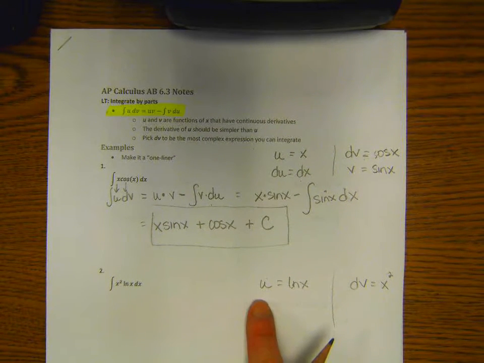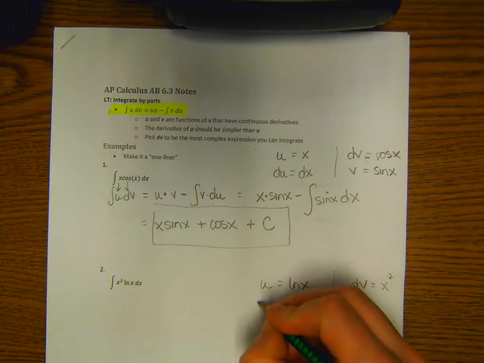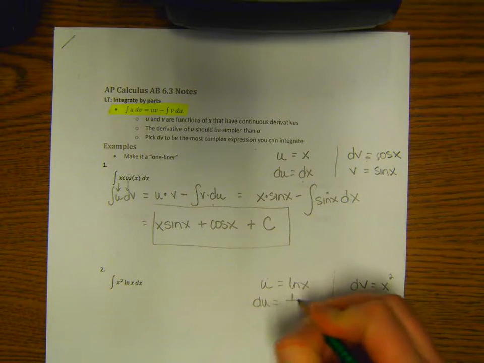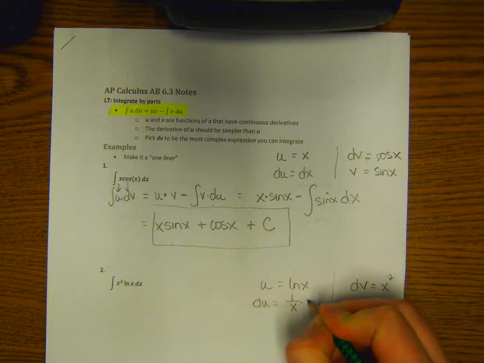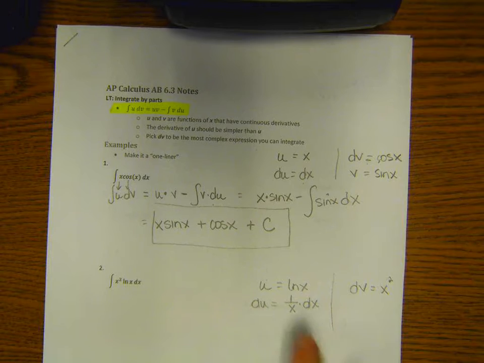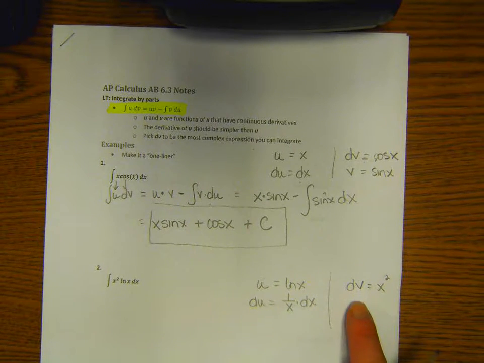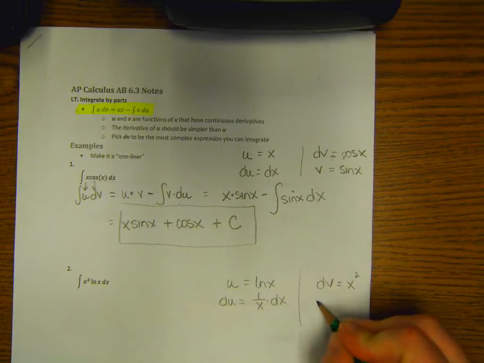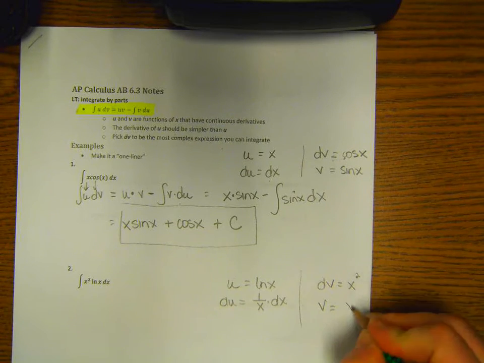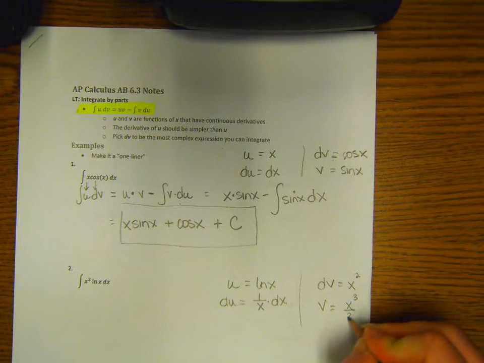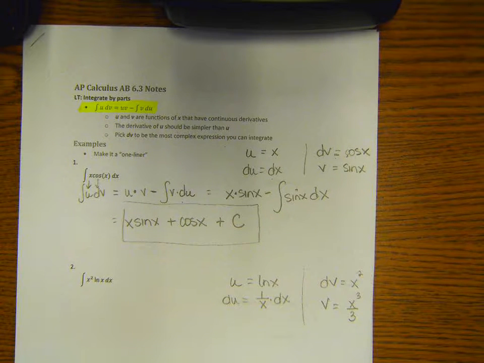1 over x dx. I'm just going to make sure I write it in there, because technically, when you're doing an integral, you need to have a dx in there to integrate. And then let's go backwards. If dv is x squared, this would just be x cubed divided by 3, right? Okay.